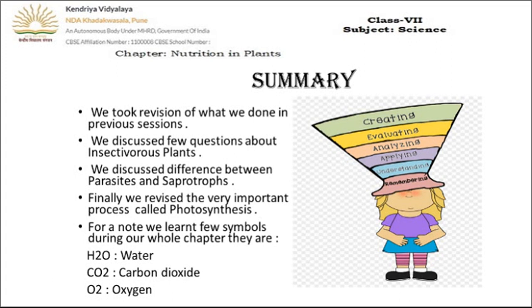We did the revision in this part. Then what is photosynthesis, what are insectivorous plants, parasites, saprotrophs, stomata, then guard cells. Then we have learned some of the symbols also: the symbol for water is H2O, the symbol for carbon dioxide is CO2, the symbol for oxygen is O2, and glucose is C6H12O6.